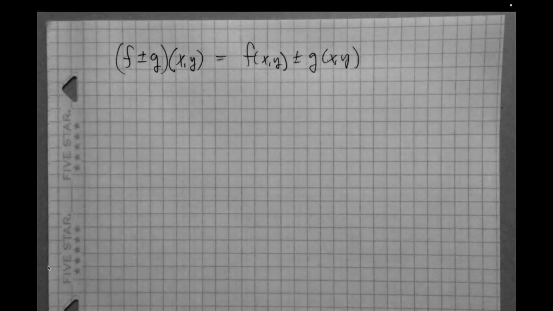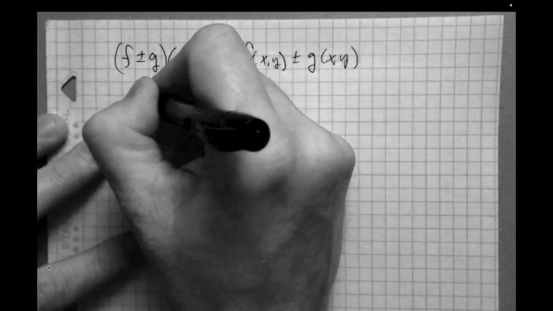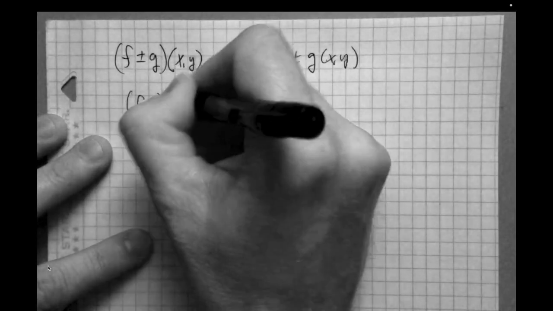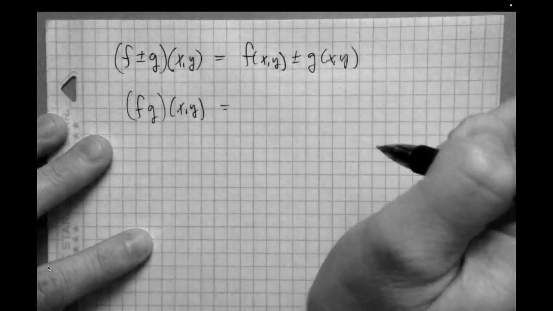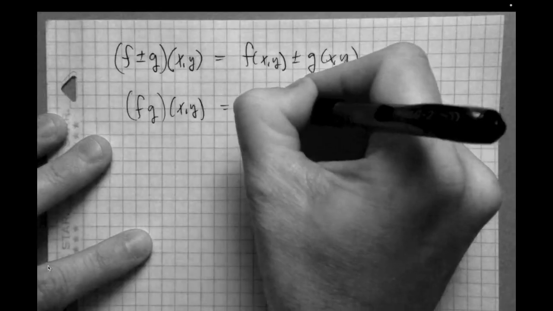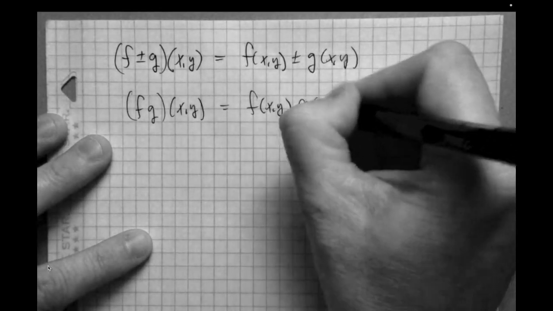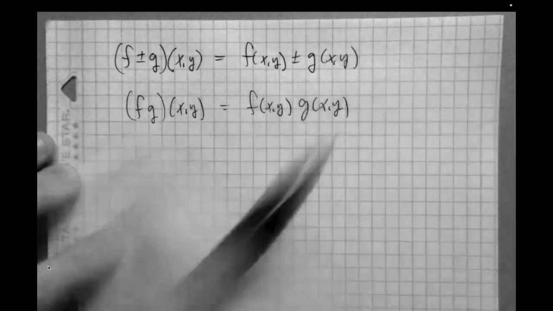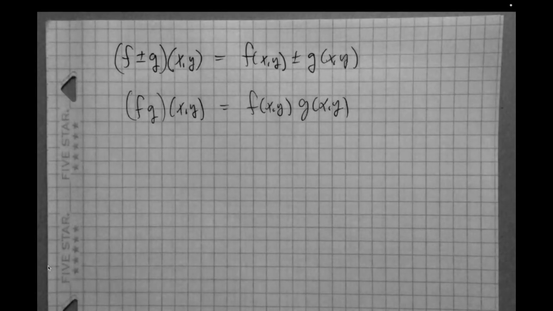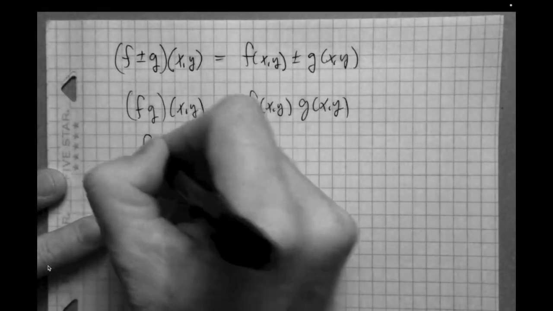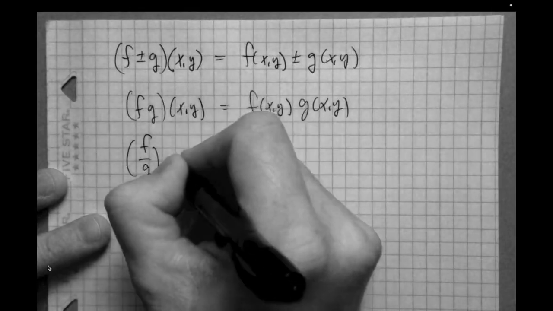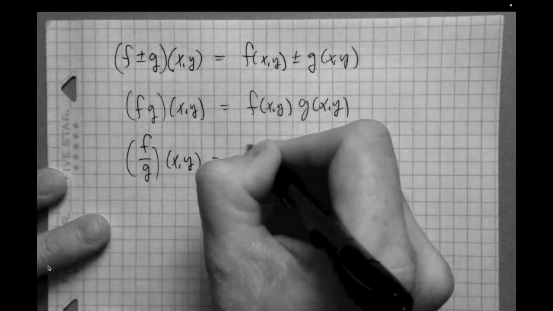Okay, you can add functions like this. Multiplication works the same as well. Right, so that's f of x, y times g of x, y. Same as what we had previously seen. And then, of course, division works the same as well.